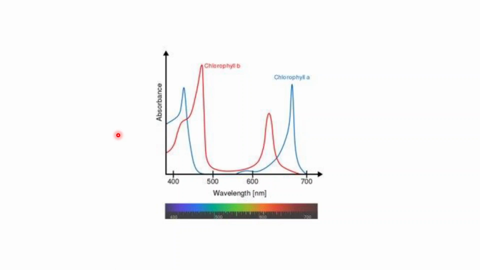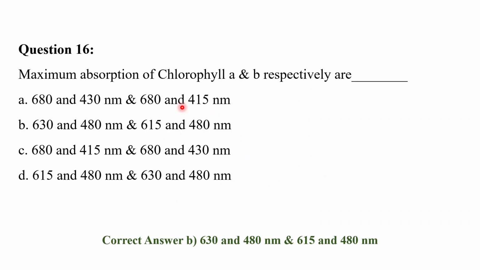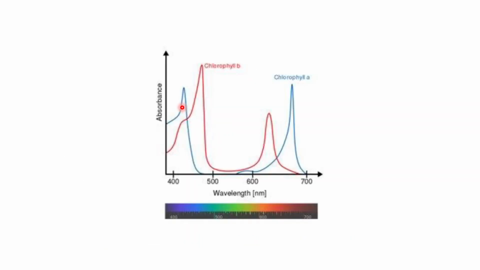So here's the spectrum. You can see the blue line is for chlorophyll A and the red line is for chlorophyll B. Chlorophyll A is absorbing at 480 and 630 nanometers. You can see at 480 nanometer there is one sharp peak, and then at 680 nanometer also there is one sharp peak.